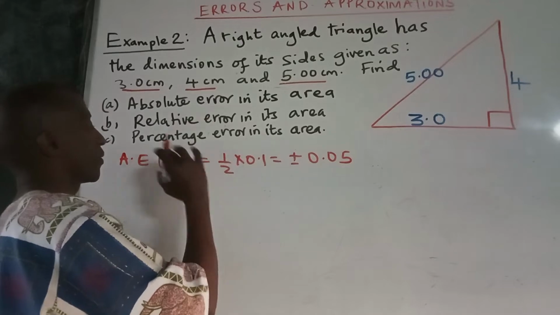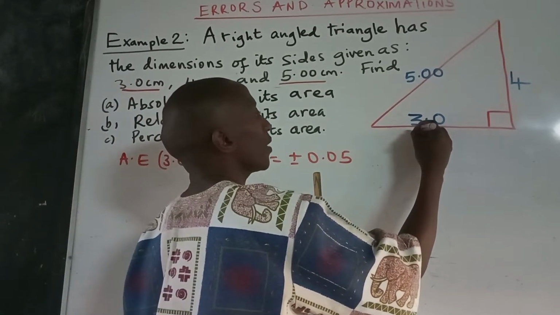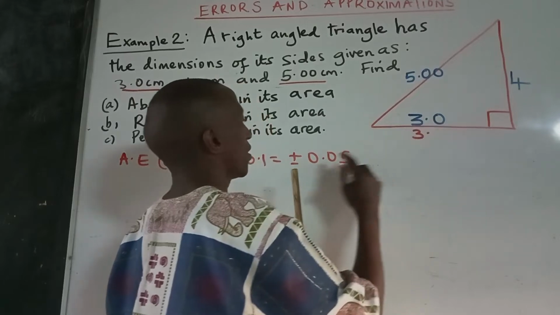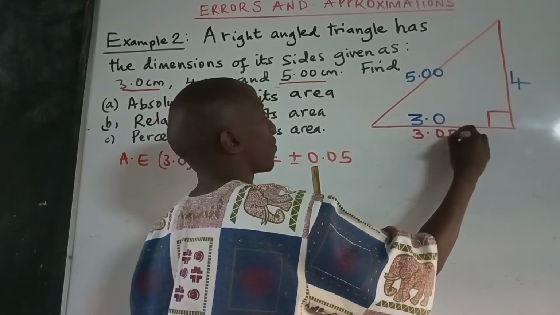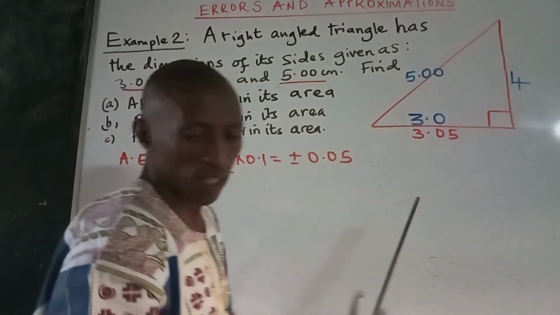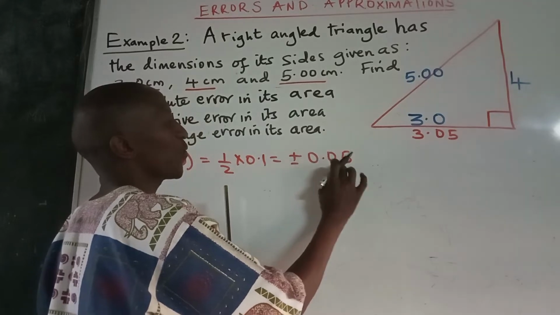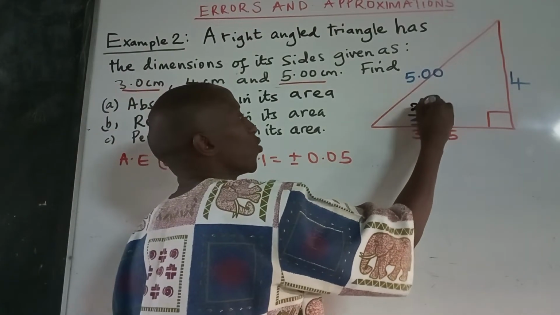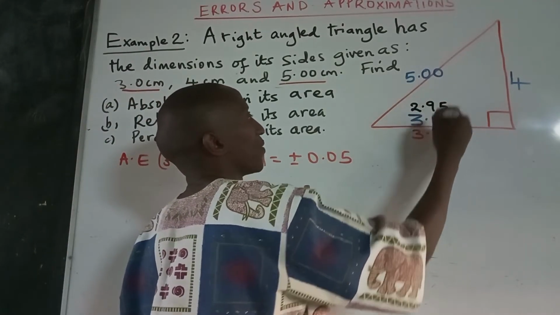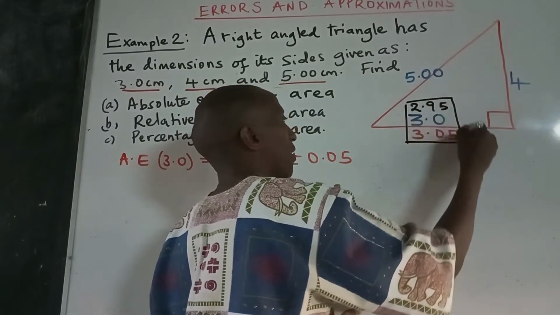So the maximum is 3.05, and the minimum is the subtraction of that, 3 minus 0.05, which gives 2.95. So these are the dimensions for this length here.